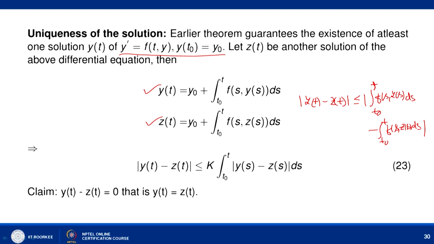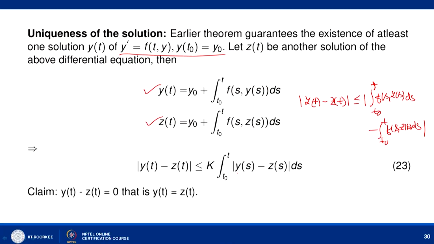Now, here either we can use the existence of the partial derivative of f with respect to y, or the Lipschitz condition on f. We can show that modulus of y(t) minus z(t) is less than or equal to k times the integral from t naught to t of modulus of y(s) minus z(s) ds.